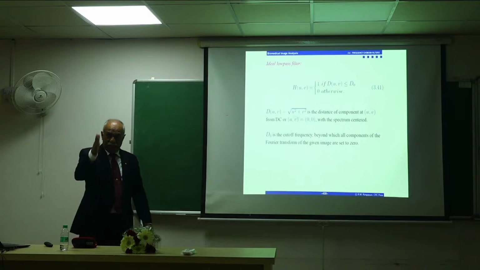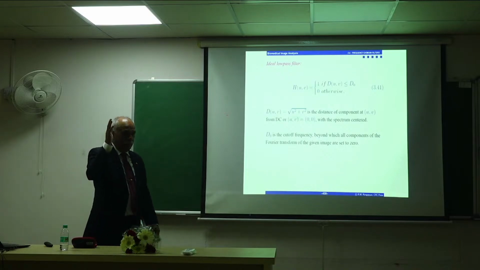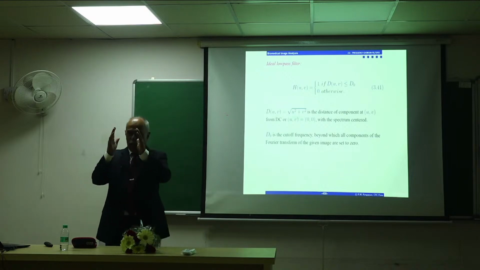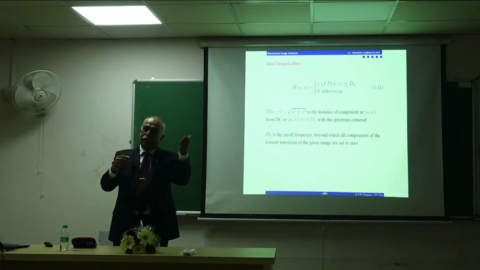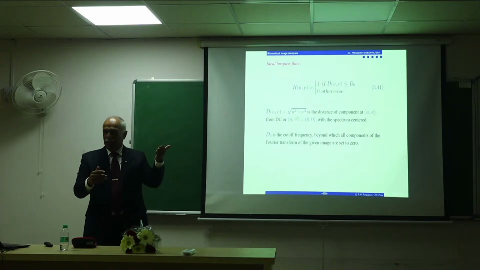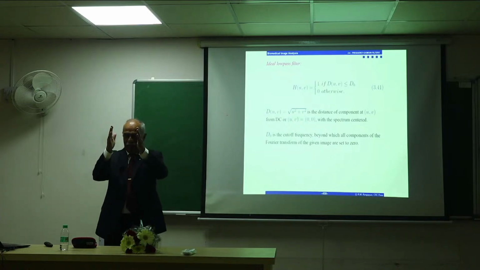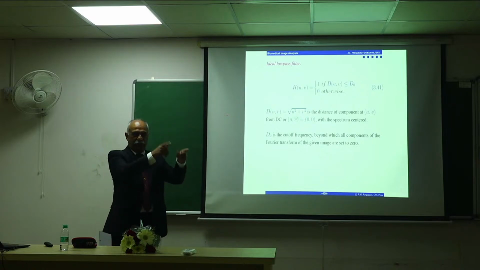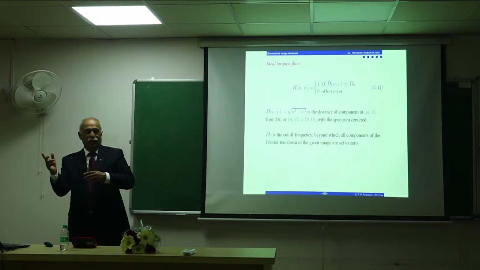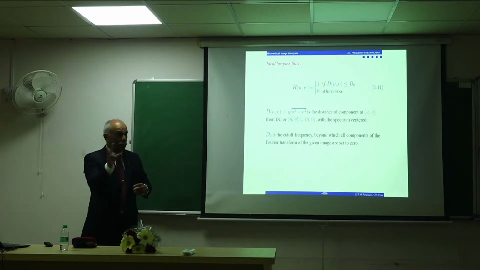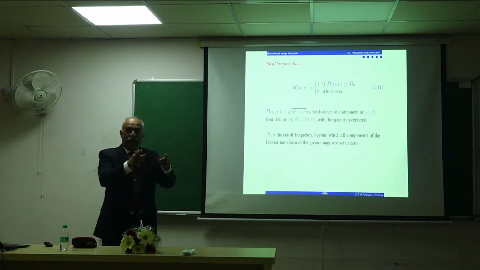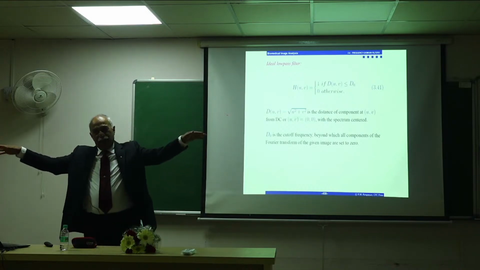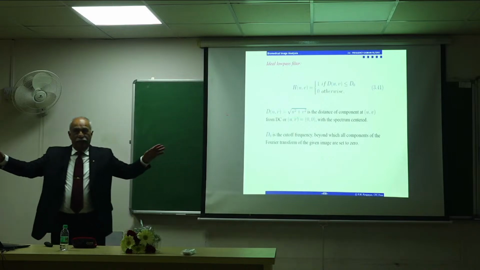That sharp transition causes problems. When you have such a sharp transition, and one of the signals is band limited, its Fourier transform cannot be limited. If you have a band limited function, it is not time limited or space limited. If it is space limited, it is not band limited in the frequency domain. Like the rectangle function is space limited, but its Fourier transform, the sinc function, goes on forever.